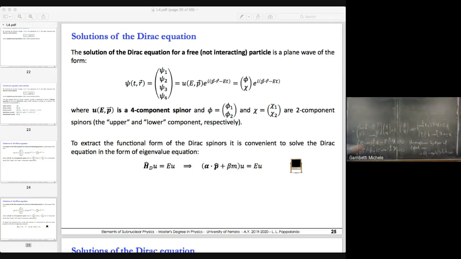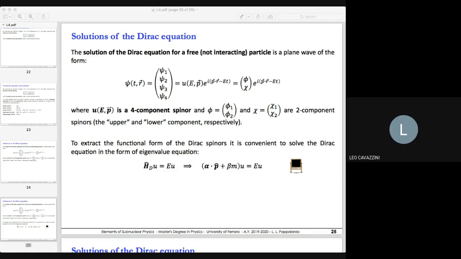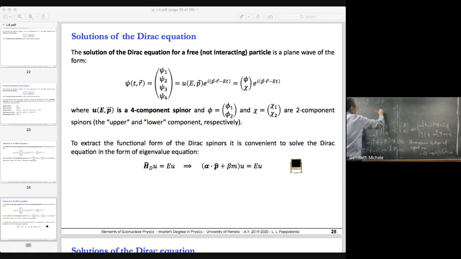Now, let's solve this system. And as you know, the system provides a non-trivial solution if the following determinant is null. So we take the determinant of this part here: E minus mI, minus sigma dot p, minus sigma dot p, E plus mI. Okay, so we want this determinant to be 0 in order for this system to have non-trivial solutions.